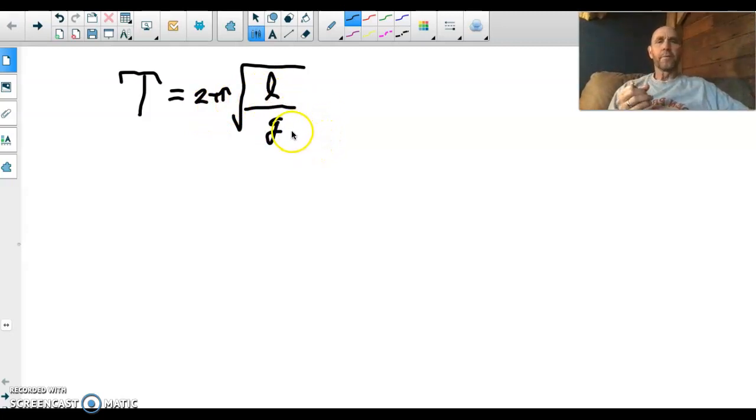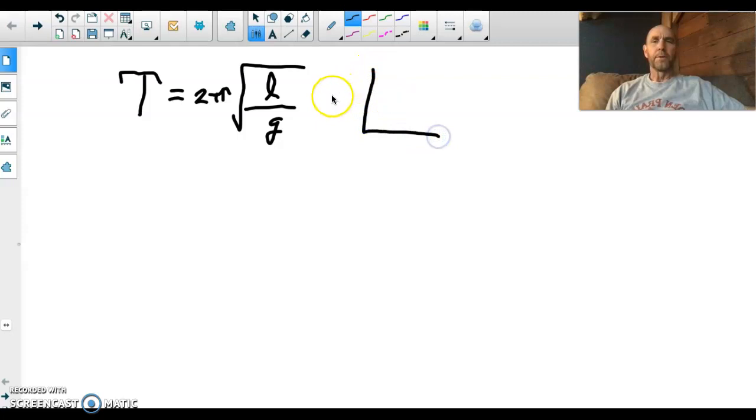Of the three variables that we measured yesterday, amplitude, length, and mass, length is the only one that should have affected the period of your pendulum. So you should have graphed period versus length, and then you're going to submit that on your lab report. Okay?